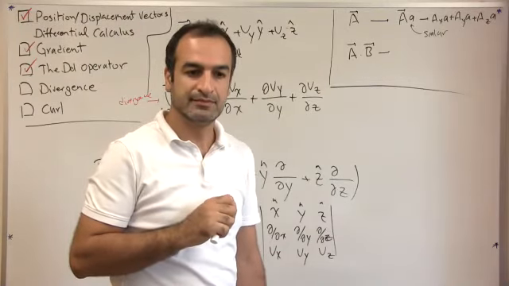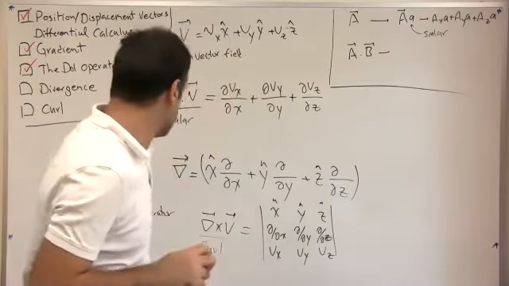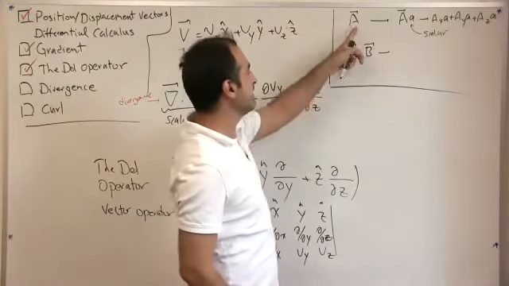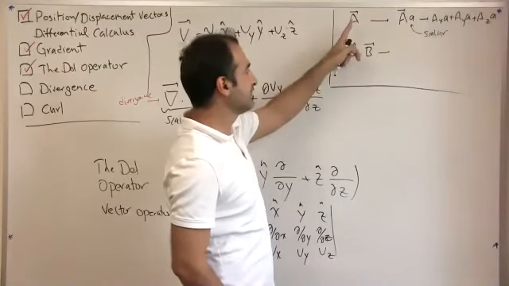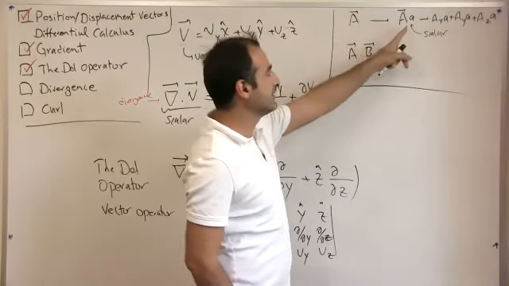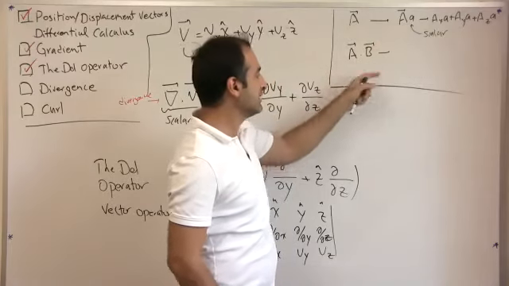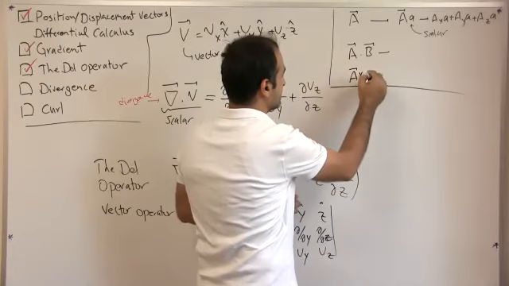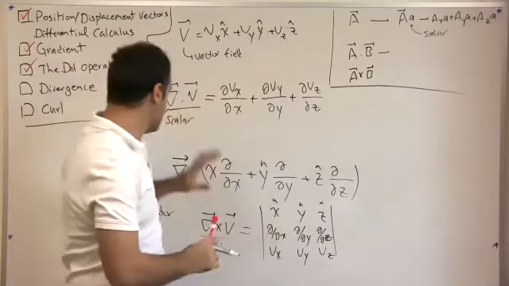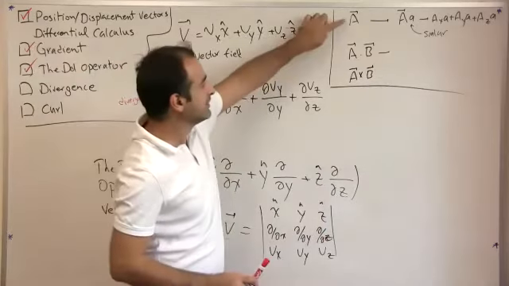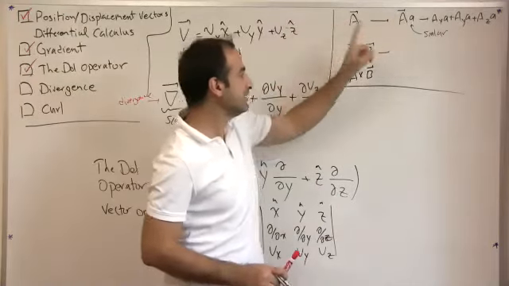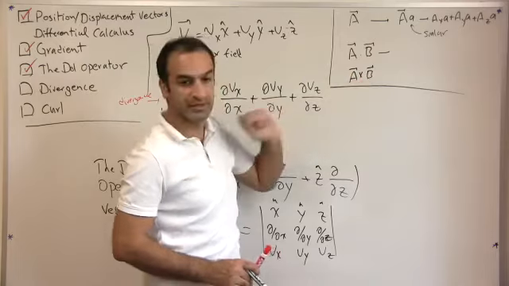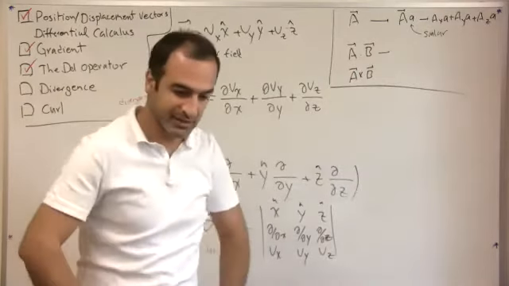What were you explaining on the right corner? On the right top? Okay, I was saying that the same way that we can use vectors and apply them on scalars or other vectors with dot or cross products, the del operator can act on scalars, or on vectors with a dot product or a cross product.